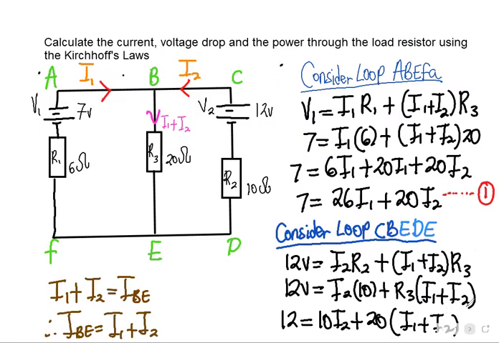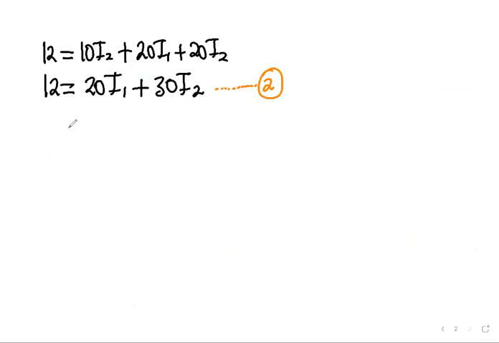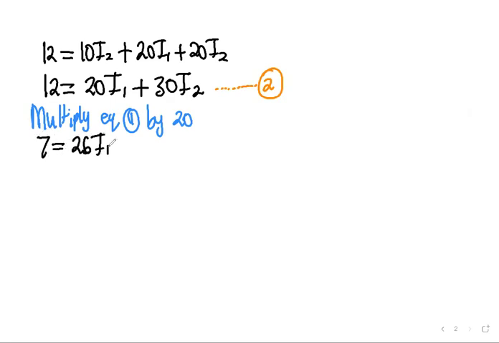So with that being said, here we're going to multiply equation number 1 by 20. When you say multiply equation number 1 by 20, it means we're going to write equation 1 as it is, so 7 equals 26I1 plus 20I2, and we're going to multiply it by 20.